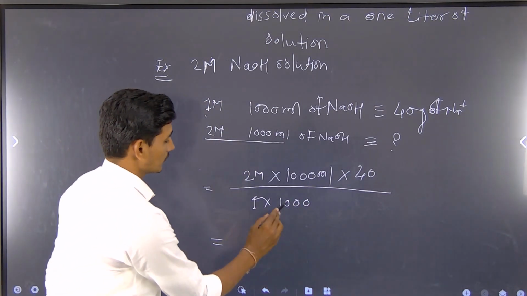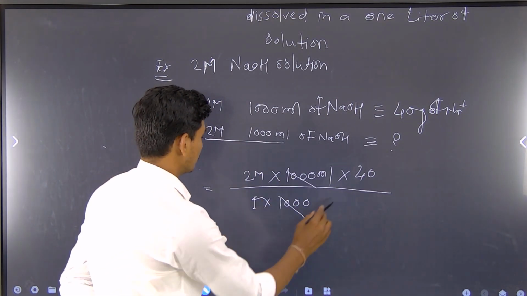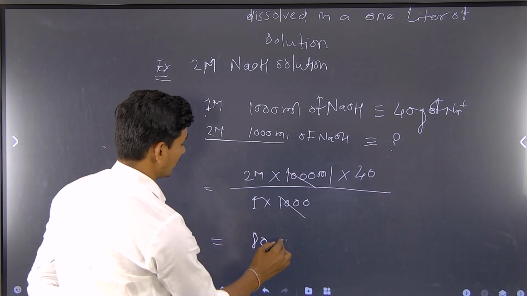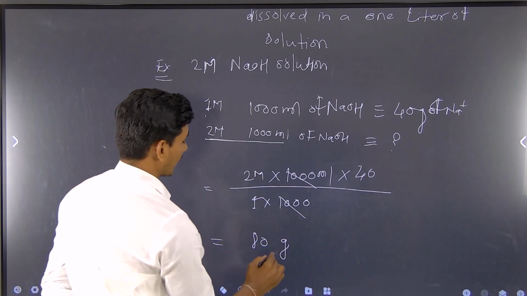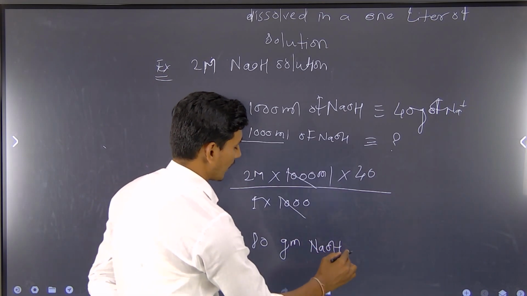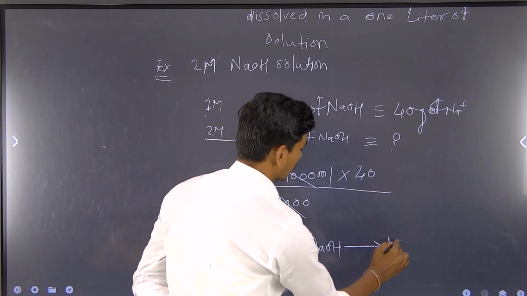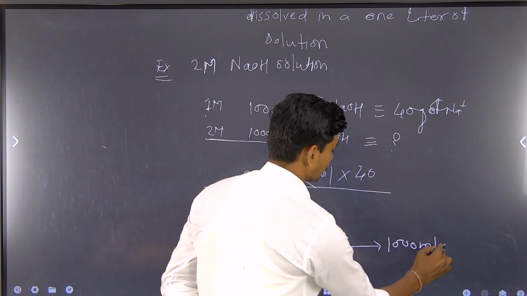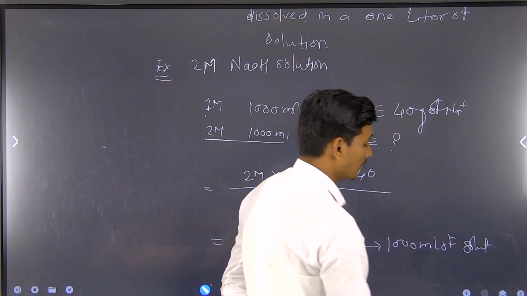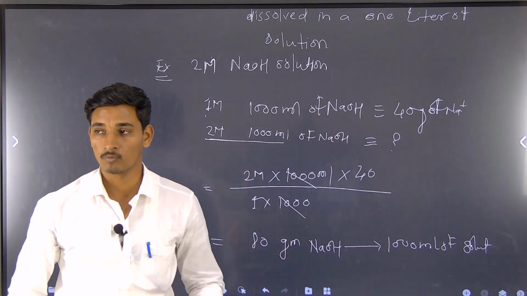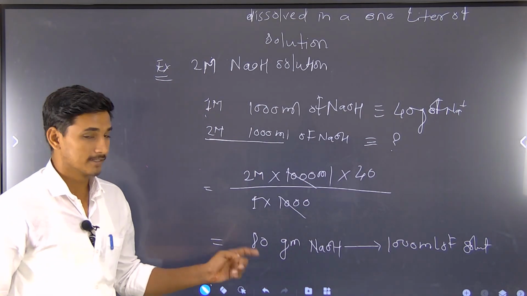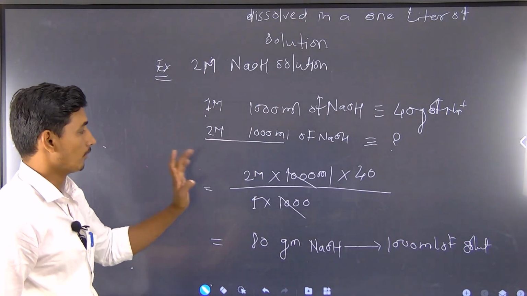This 1000 and this 1000 cancel, and 40 multiplied by 2 is 80. So 80 gram of NaOH we have to take and add to 1000 ml of solution or solvent, and water must be used as the solvent for the preparation of the solutions. This is how to prepare molar solutions.